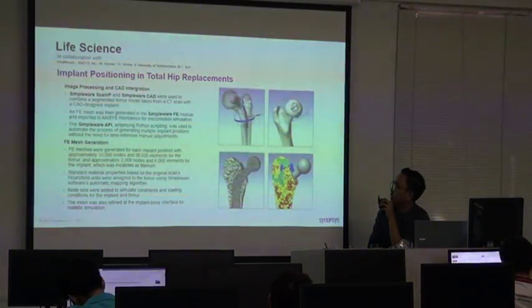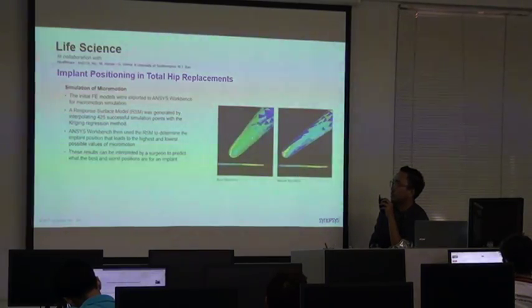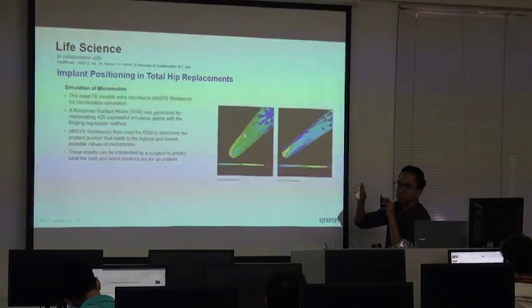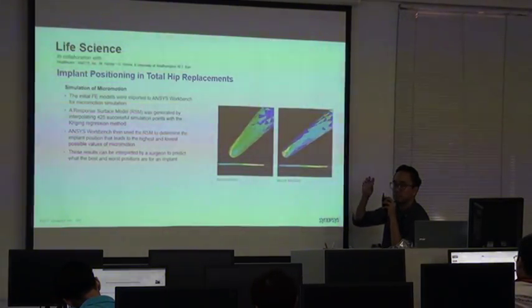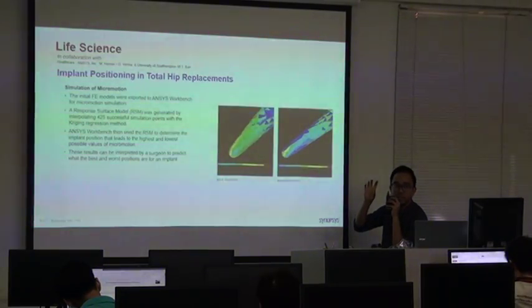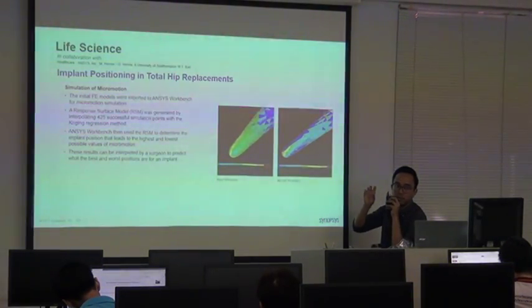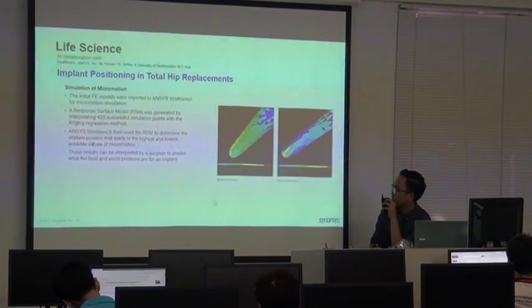So they use ScanIP to generate the 3D model, they use a CAD module to introduce the implant in the bones, and then they use an FE module to generate the FE mesh. Okay, and then they do simulation. So the objective of the simulation, they would like to see the micro motion of the implant in the bones. So they would like to optimize, to minimize the micro motion of the implant in the bones.